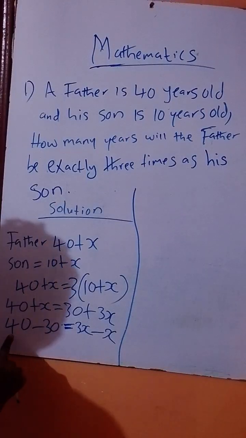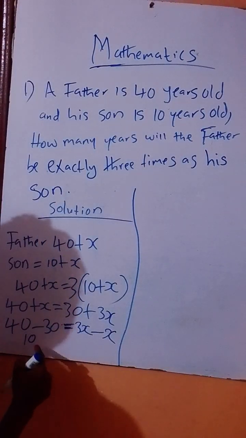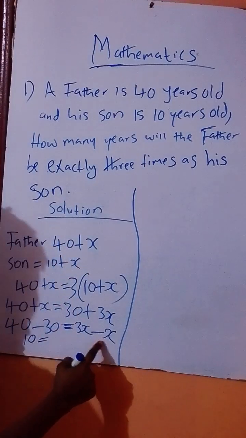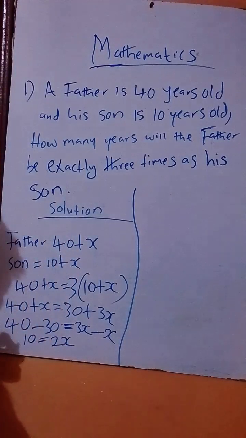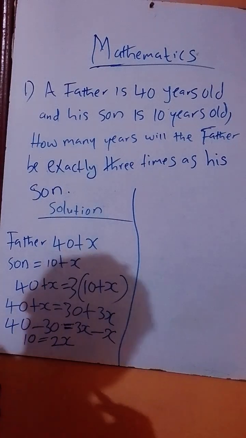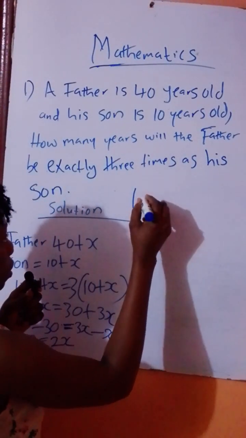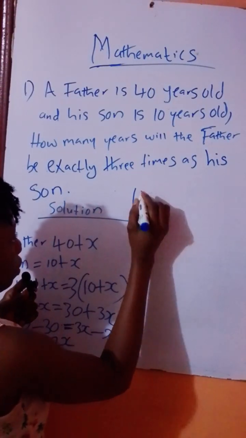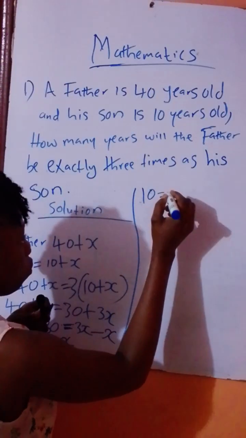Then the next thing is 40 minus 30, which gives us 10, equals 3S minus S, which gives us 2S. We are left with 10 equals 2S.